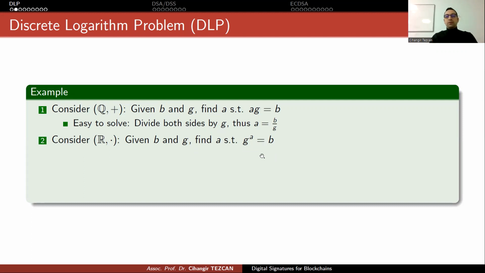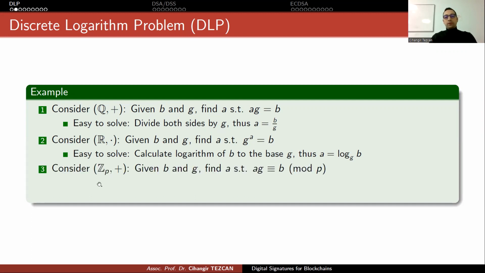What you can do is calculate the logarithm of B to the base g, and this will give you A. So a simple logarithm operation, which you can do in a very fast way on any computer, regardless of how big the numbers are. So as you can see, the logarithm problem for this sort of groups and operations is very easy to solve. So the question is, can I make it harder?